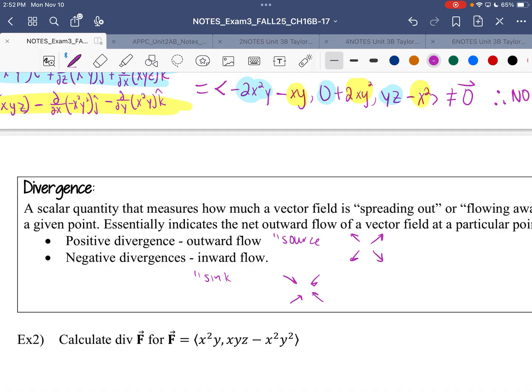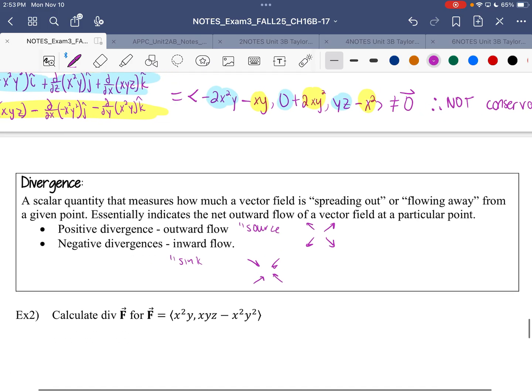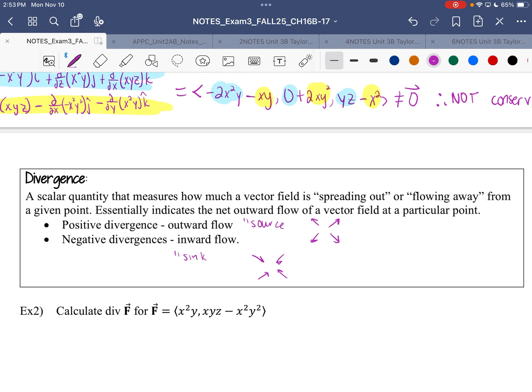And how we compute the divergence is... where can I write this? I know, the arrow's too big. The divergence of F is equal to that same operator, the Dorito, but now we're dot producting with our vector field.